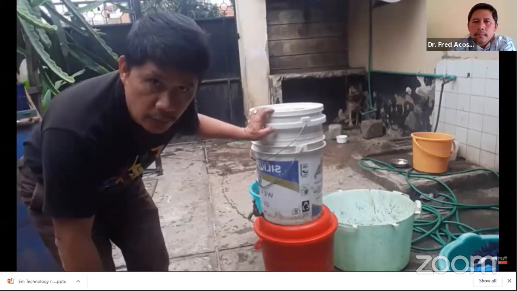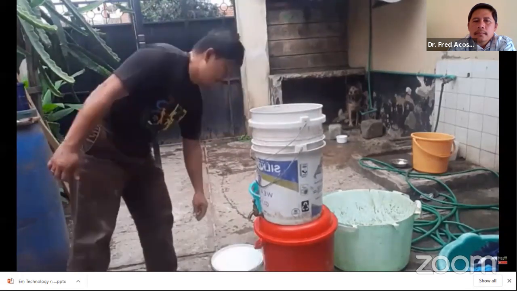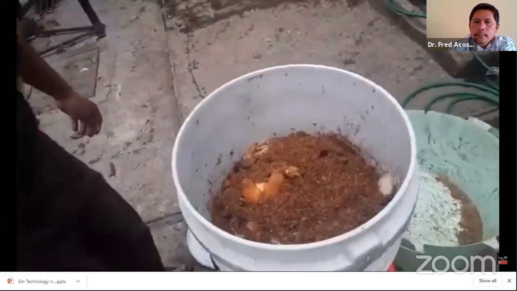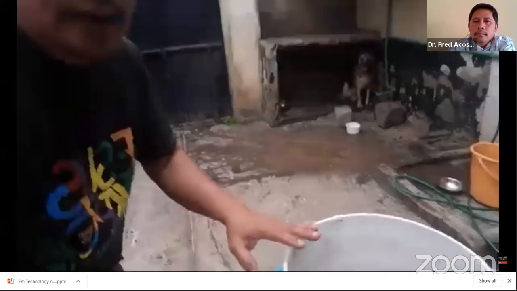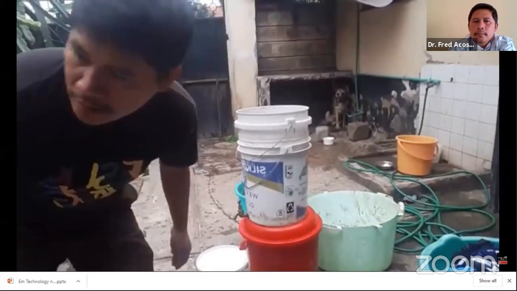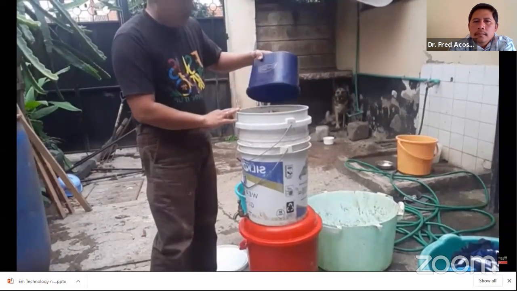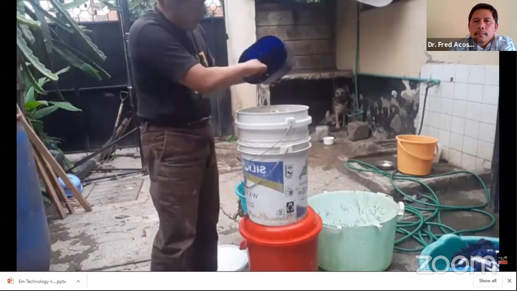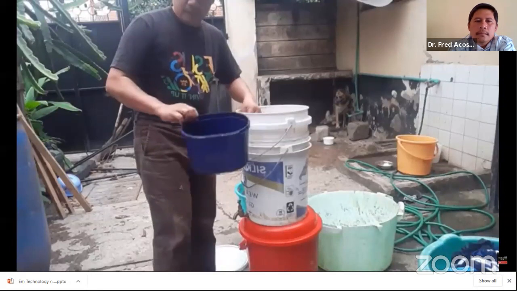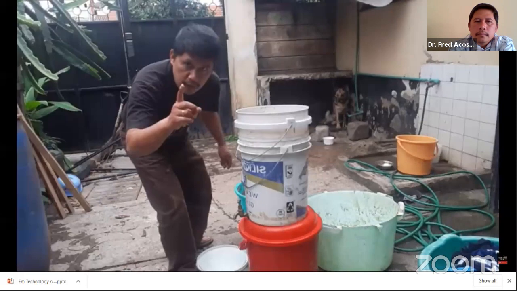This is my kitchen waste composter. See? Now, let me add more kitchen waste. And then I will add bokashi.